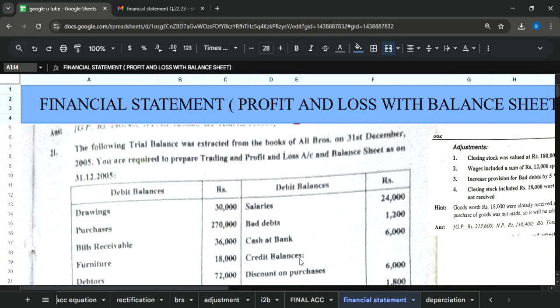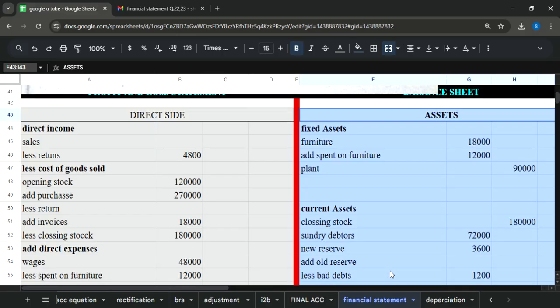Then credit balances are being started, and as you know, from the left side to this last point, cash at bank, all were debit balances. Discount on purchase 6,000. Now there can be two options.